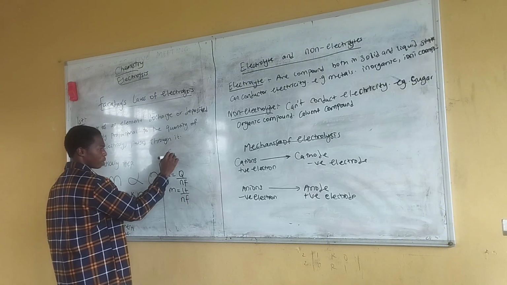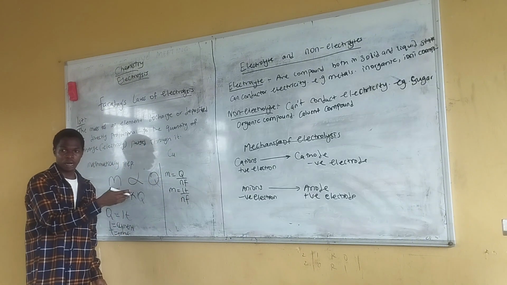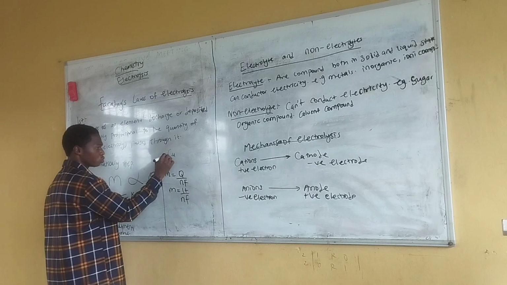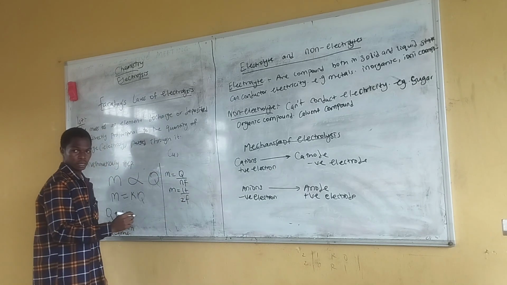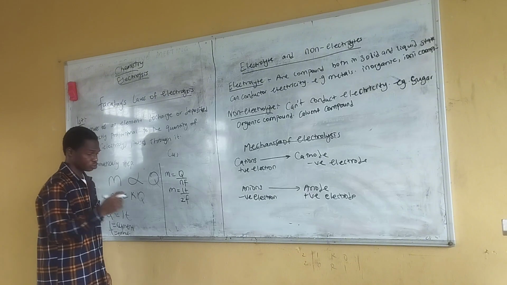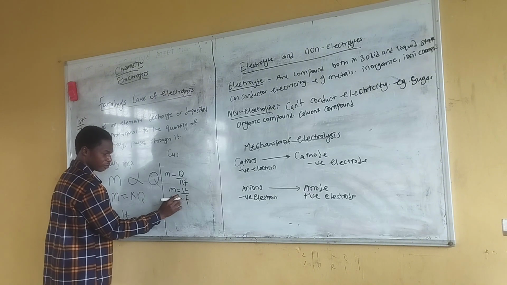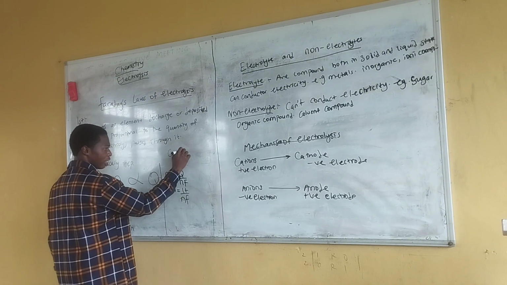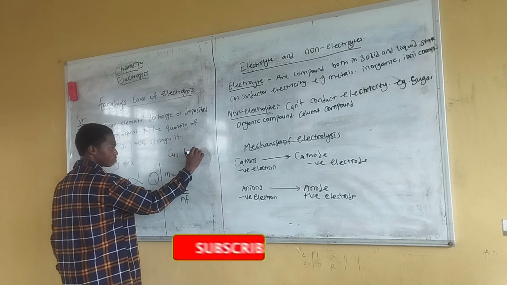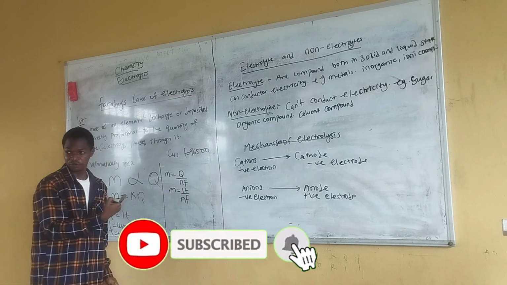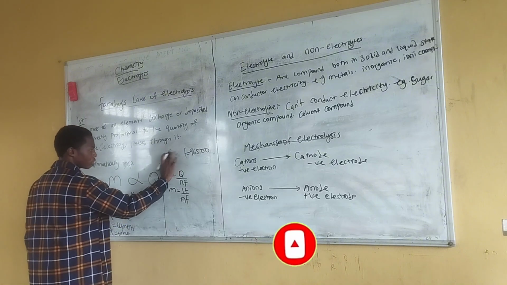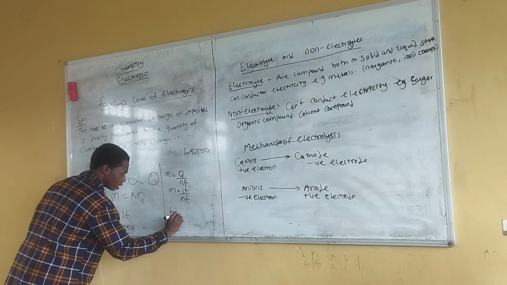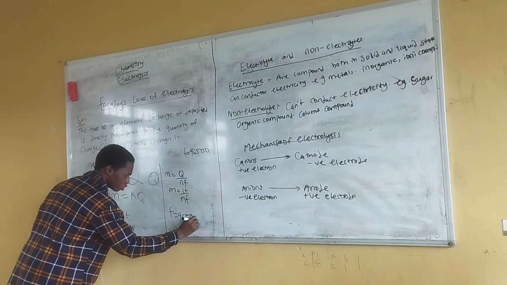If you're talking about copper, maybe the question was copper 2 ion, so this n will be regarded as 2. Then remember F is a constant, 96500 coulombs per mole.